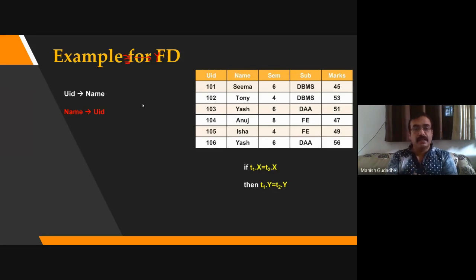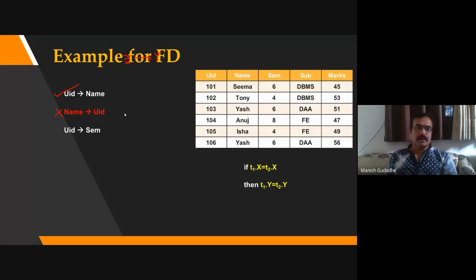That means name cannot determine UID, but UID can determine name. So this FD exists and this FD does not hold on this particular relation. Are you understanding me? Name cannot always uniquely determine UID, but UID can always uniquely determine name.